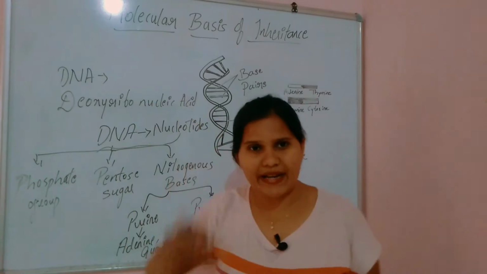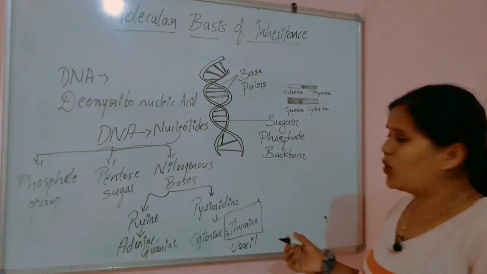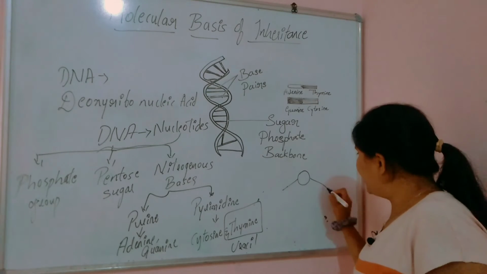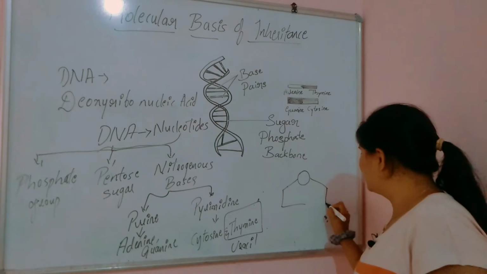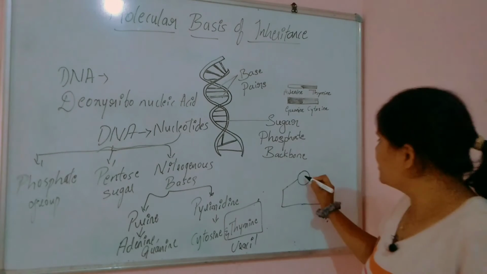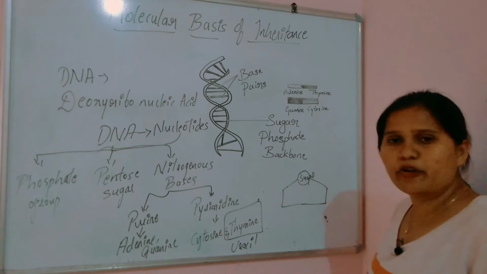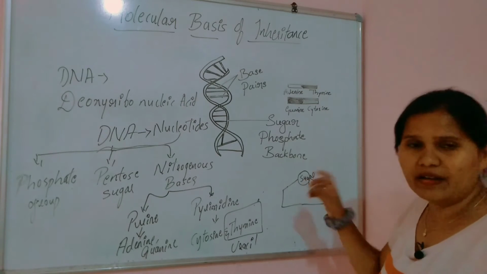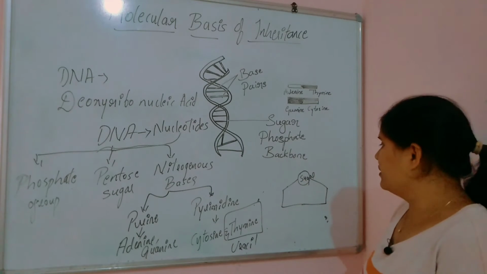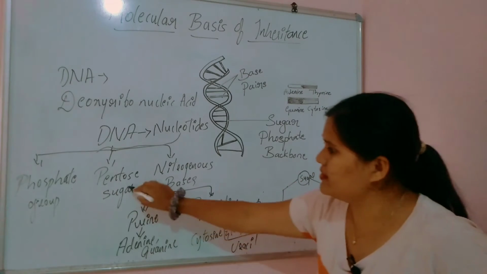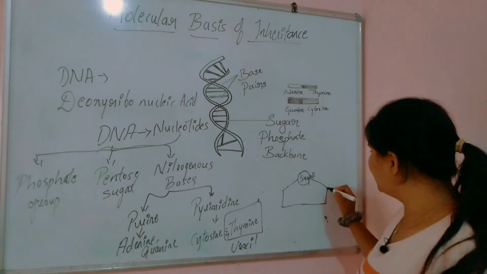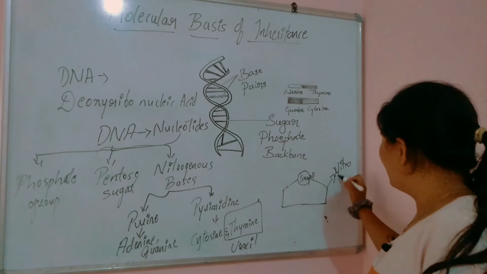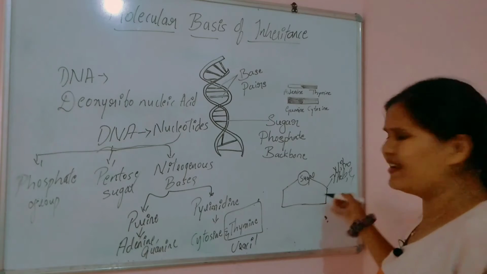How are these nucleotides formed? Have a look over here. Think of this as the pentose sugar. Which pentose sugar is it? We are talking about DNA, so it is deoxyribose. This sugar has a nitrogen base here, which may be adenine or guanine, anything.